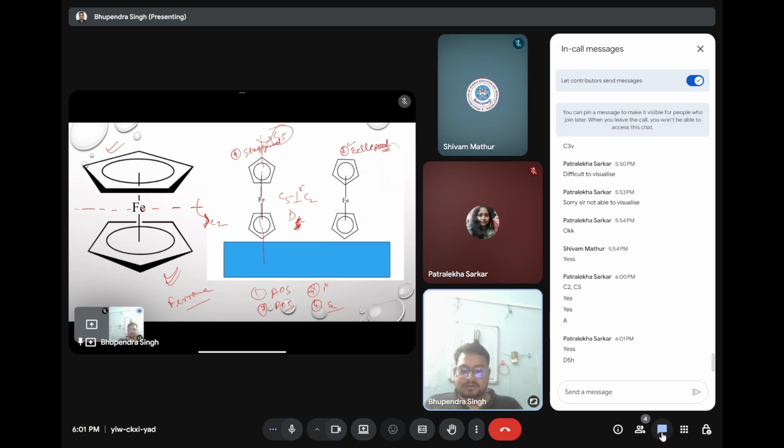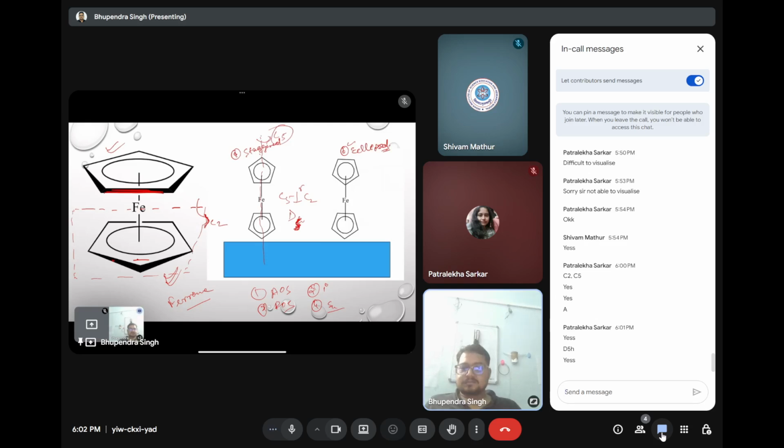No. See, sigma h is present when the plane is bisecting your molecule in equal parts. If you are considering this as your plane, look closely: this portion of the molecule will reflect here because this is the staggered form.